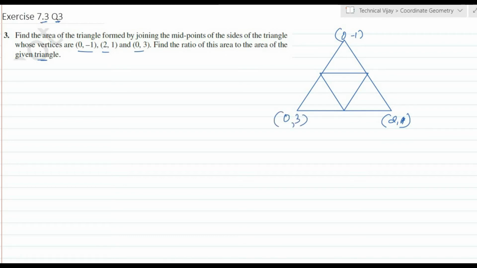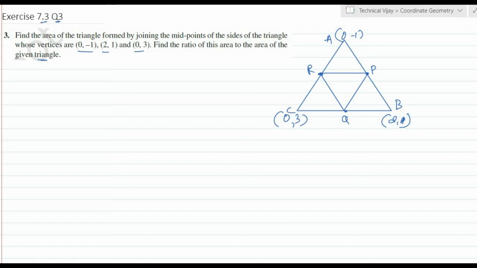These vertices form the triangle he has given, and we have to obtain one more triangle, that is by joining the midpoints of this triangle. This bigger triangle's midpoints we are joining, so this is one more triangle. Suppose for example this is A, B and C, so we will call this P, Q, R. First we have to find out the coordinates of P, Q and R. After that we can find the area.